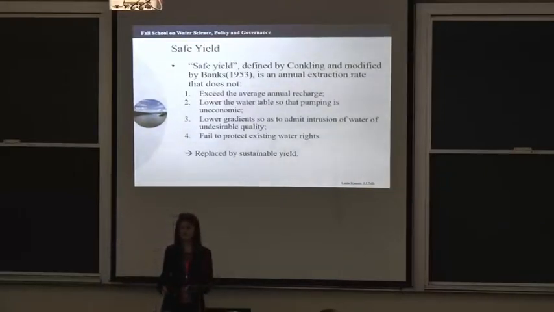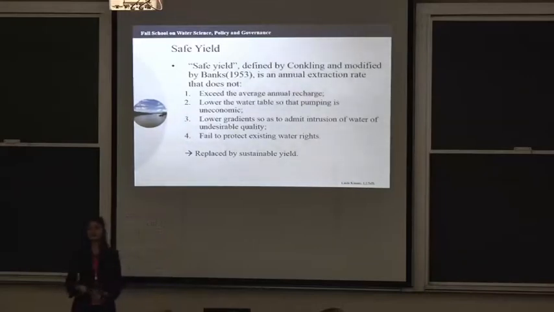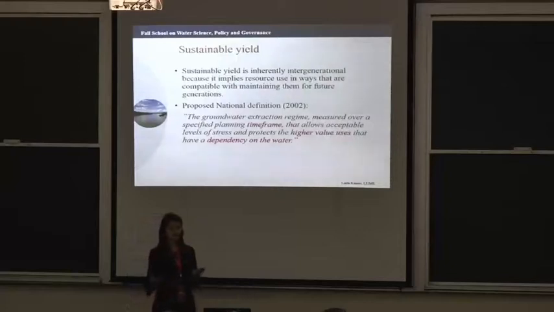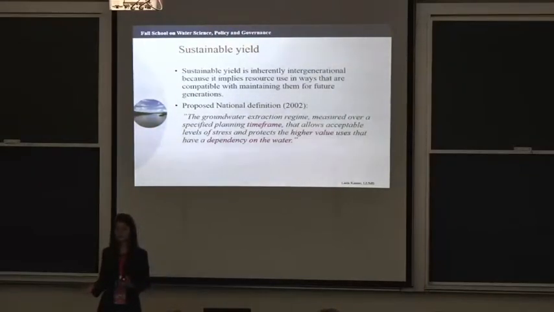This term, safe yield, has been criticized, so it was replaced by sustainable yield. Sustainable yield means how much you're going to take out, right? It is the long-term amount that you can withdraw to meet your uses without compromising the long-term sustainability of that aquifer.